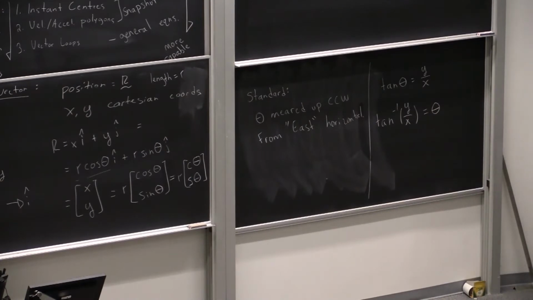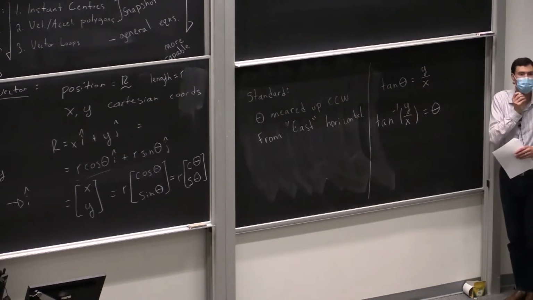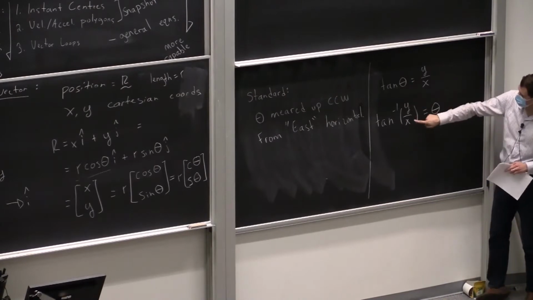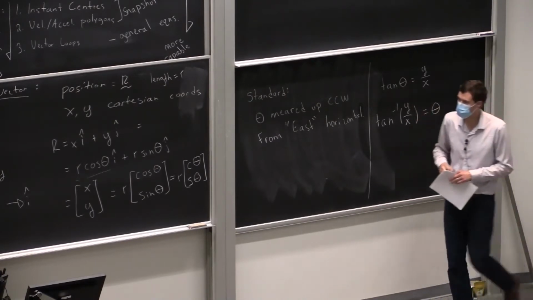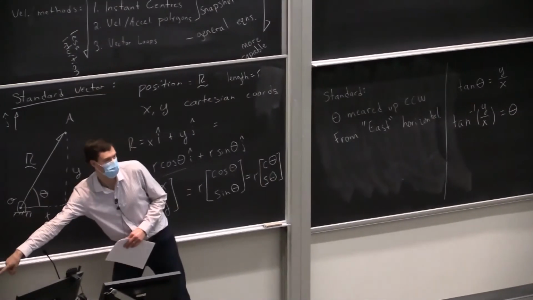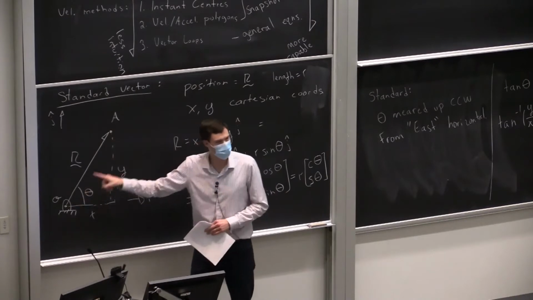The problem with doing this is that inverse tangent fails half the time. Basically, you can imagine it can't differentiate between quadrant 1 and quadrant 3. If x and y are both positive, it's quadrant 1 like this.